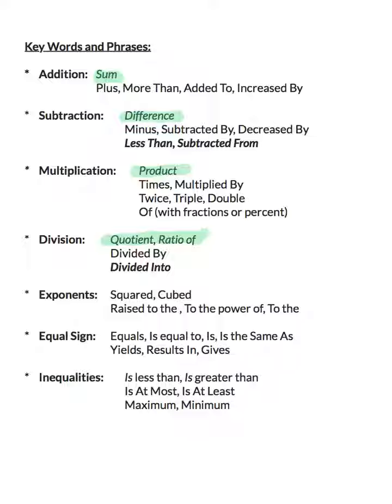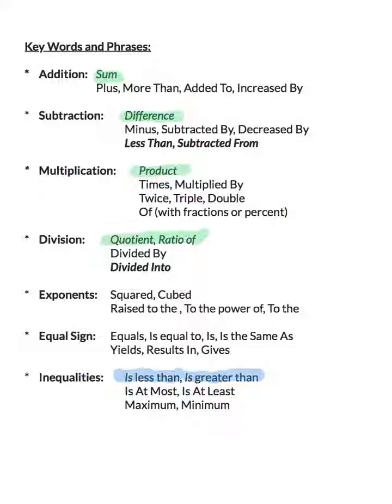Notice that here, if it says is less than, it means an inequality. Same thing if it says is greater than or is more than. That is an inequality. So if it has a combination of is, meaning kind of like an equal sign, along with the less than, more than, greater than, then it will be an inequality sign.